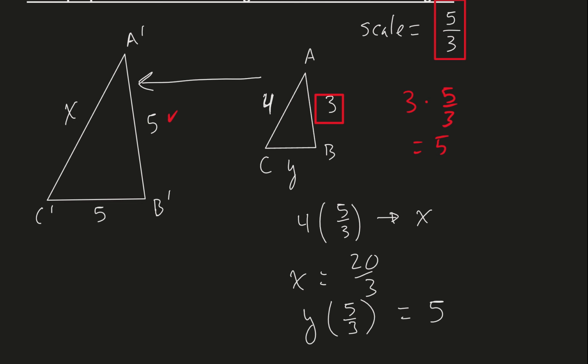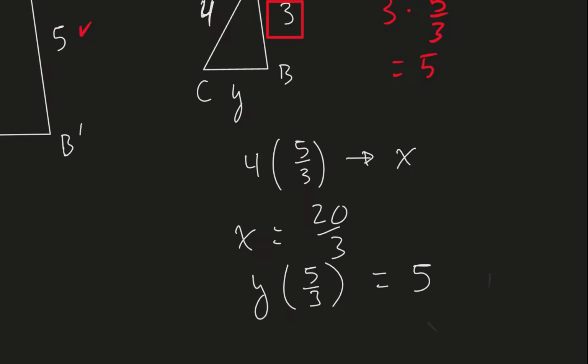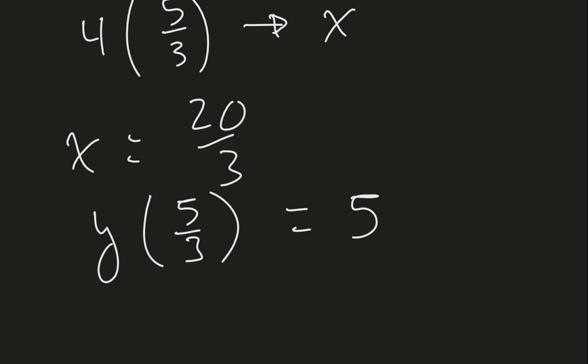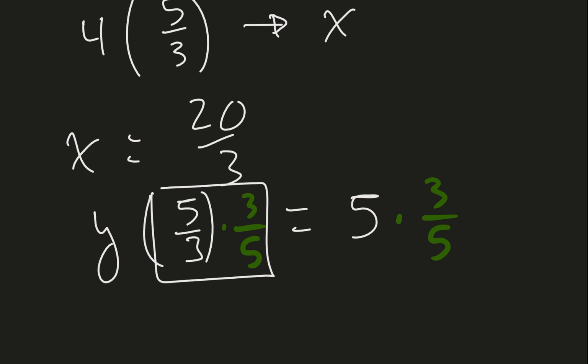I can divide both sides by 5/3, or I can multiply this side by the reciprocal of 5/3, which is 3/5. Well, 5 times 3/5 is just the number 1, so I do get y on this side, and over on the other side I end up getting 3.